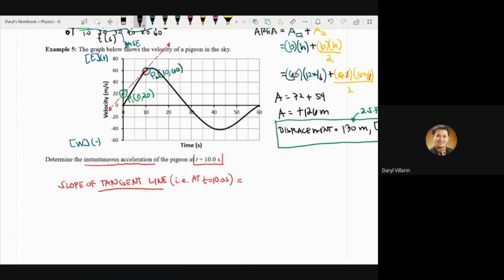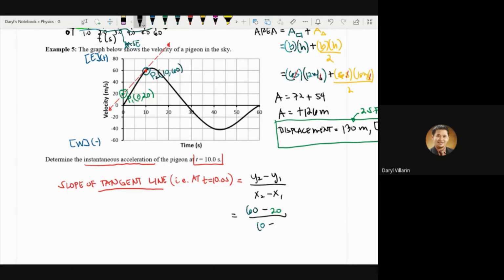For the slope, it's just y2 minus y1 all over x2 minus x1. In my case, y2 is 60 subtracted by the y1 of 20, all over x2 of 10 minus 0.